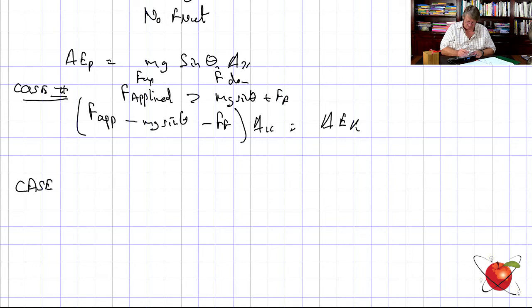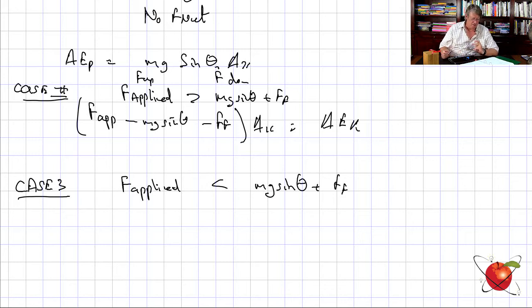Case 3 on a slope. Always go back to your slope. And I've said here, what if F applied is less than mg sine theta plus the force of friction, right? That means that the F up the slope is less than F down the slope.